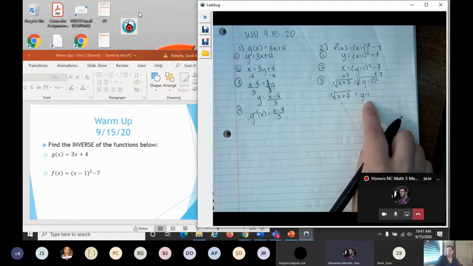Yeah, how do I move it? I have minus 1. How do I get rid of that minus 1? You add. Yeah, so plus 1. So I'm going to have 1 plus or minus the square root of x plus 7 equals y.